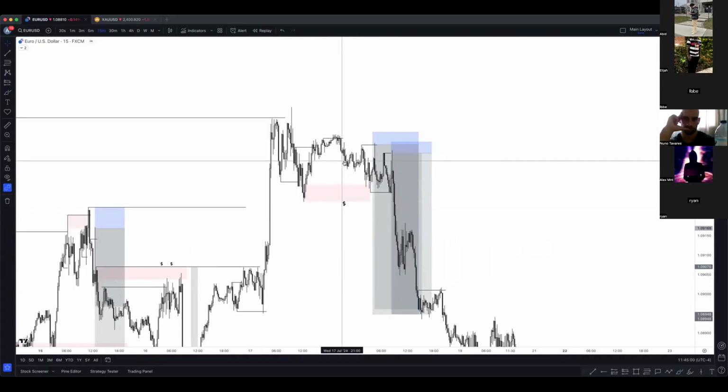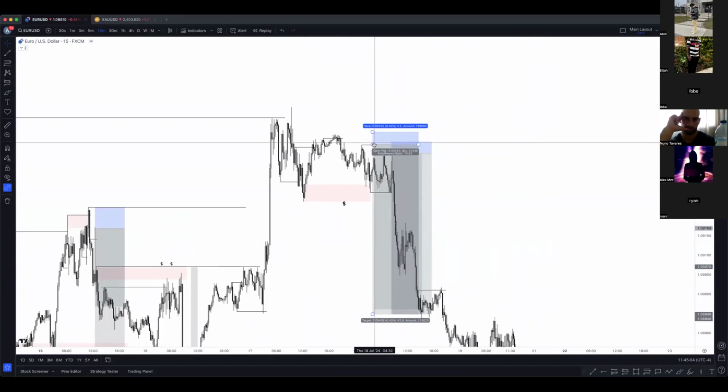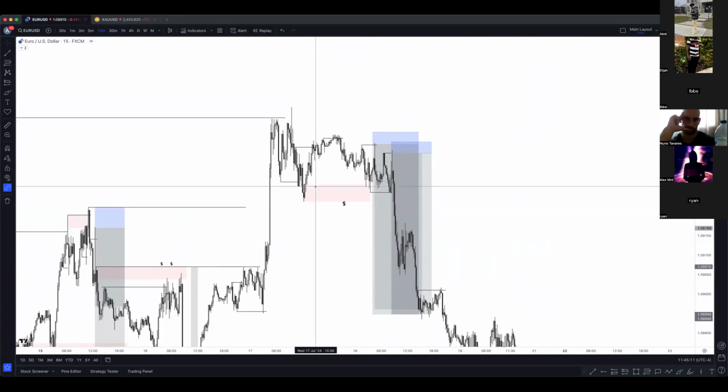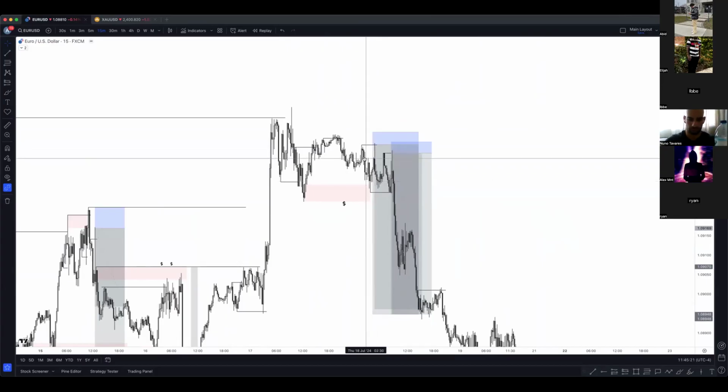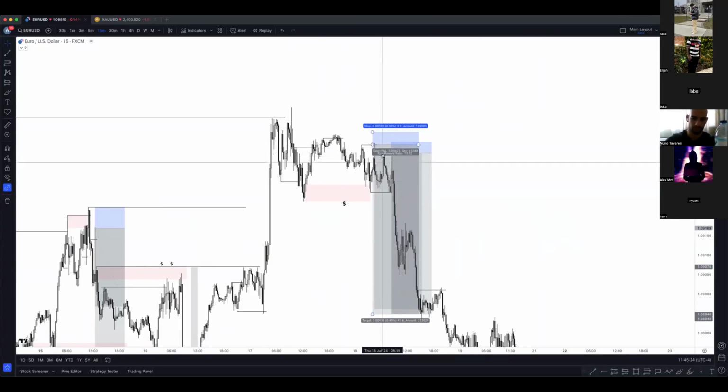So look here how the first time it took out the highs. What does that do, right? You have to look at it in terms of the retail perspective. All it did was come into this POI. You got your BOS to the upside, comes into the POI, another BOS right here. So what does that do? It induces buyers, right? Comes here, prints this high.